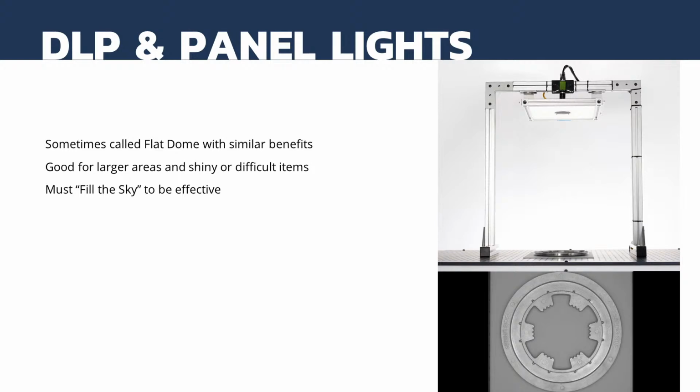Sometimes they're called flat domes, and they have similar benefits. So just like we were talking about with the dome light, I get highly diffuse lighting from all angles in the sky, and there's photons coming at all angles off the surface. Then this creates a nice diffuse lighting, which we use for larger areas, shiny or difficult items.